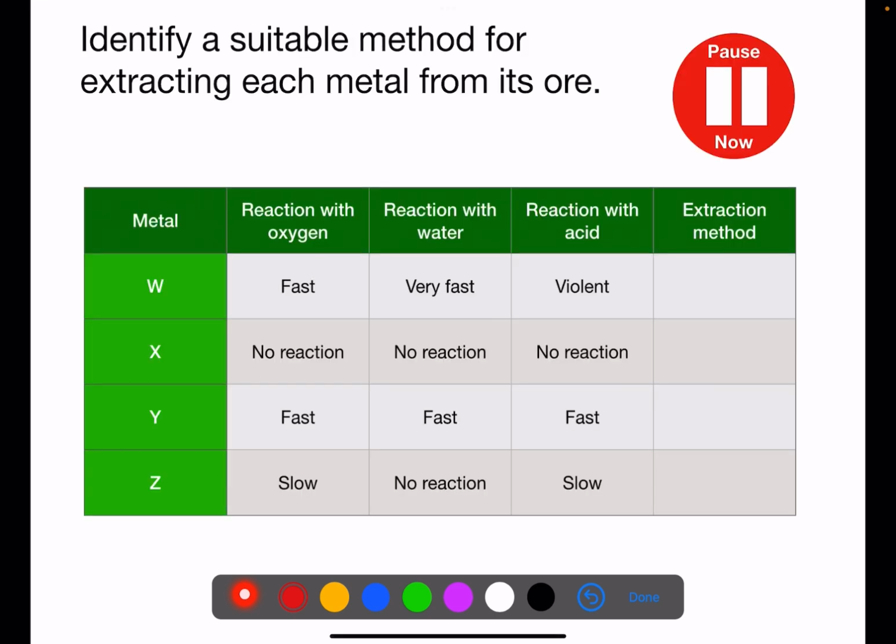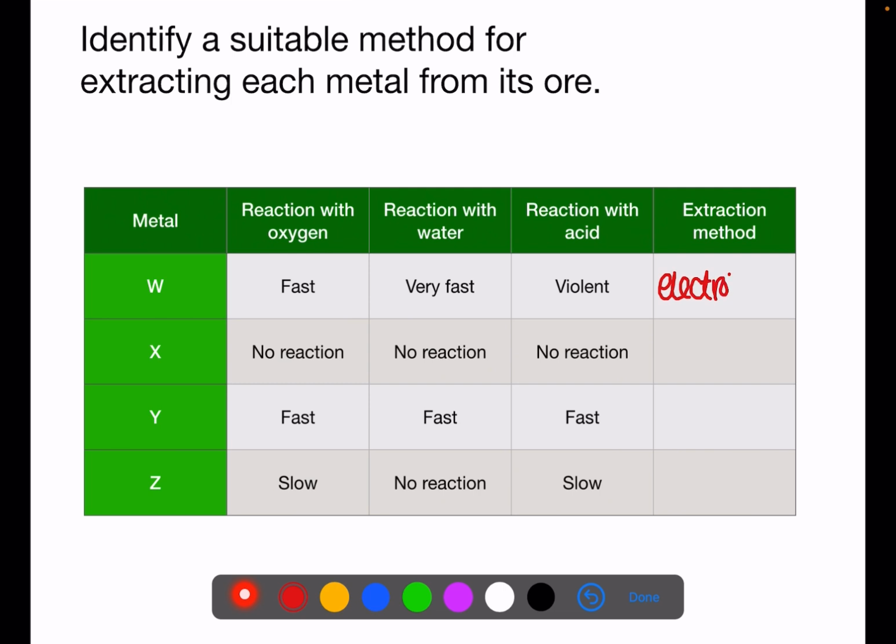Pause the video now and identify a suitable method for extracting each metal from its ore based on its reactivity. W was our most reactive metal. The best extraction method for this would likely be electrolysis.